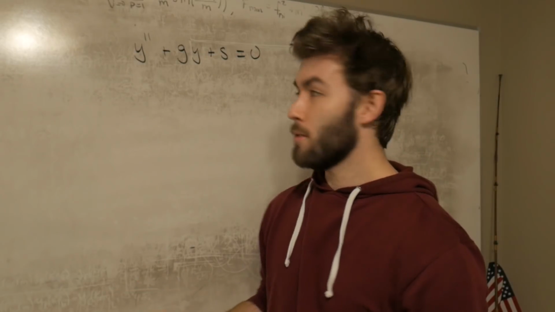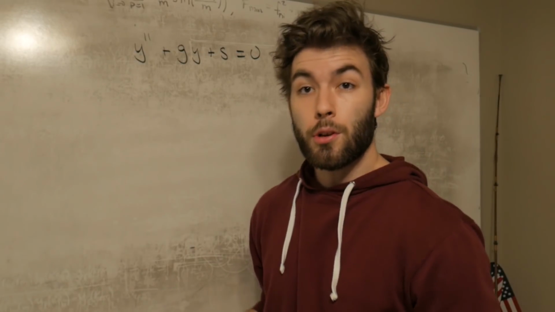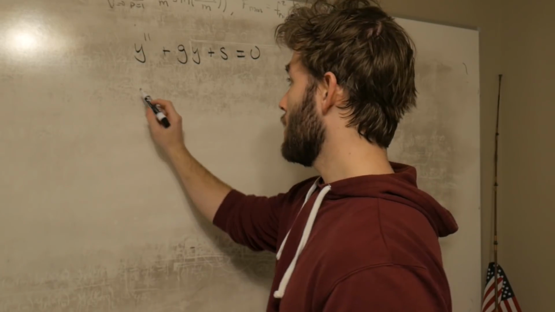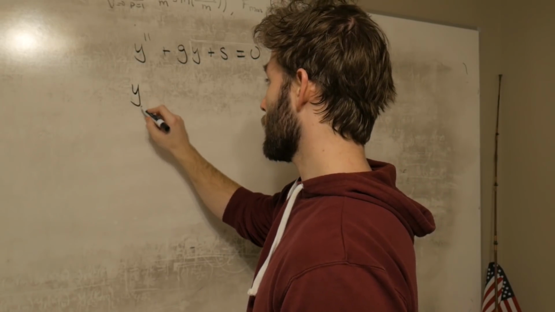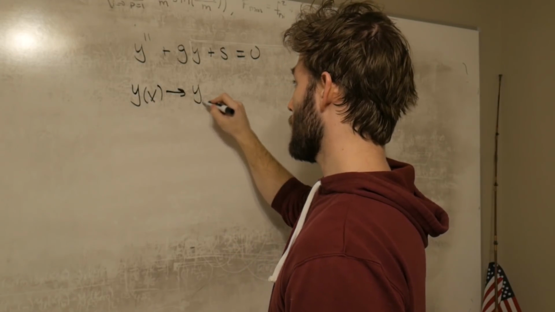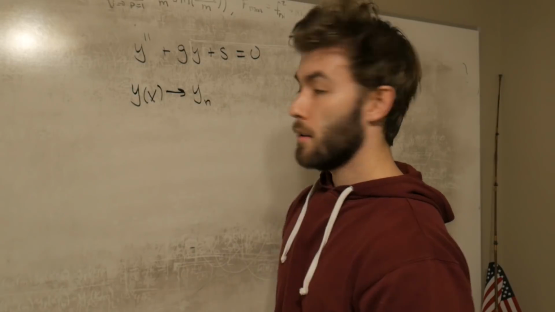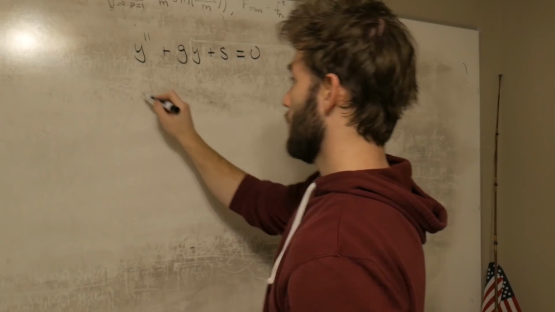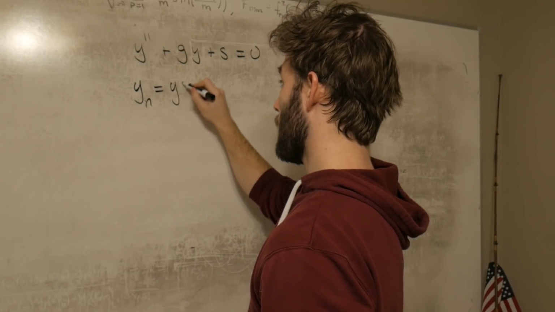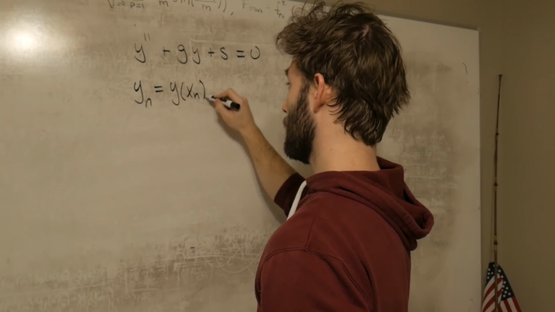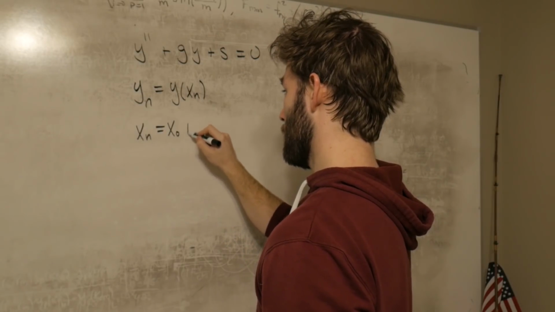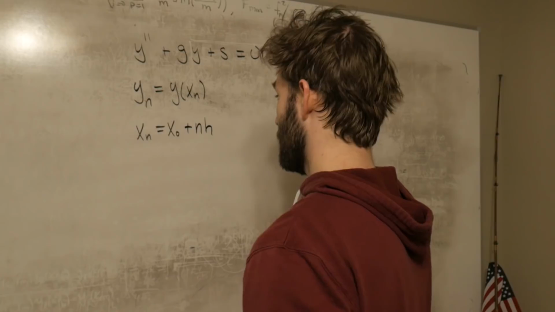Now because computers don't understand what continuity is, everything has to be discretized when talking about functions. So instead of looking for a y of x, what we're really looking for now is a y sub n, where y sub n is equal to y evaluated at x sub n, where x sub n is equal to x0 plus nh.